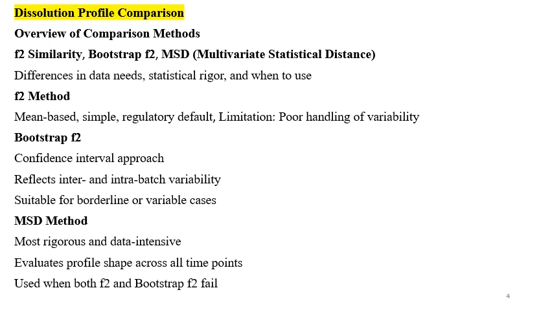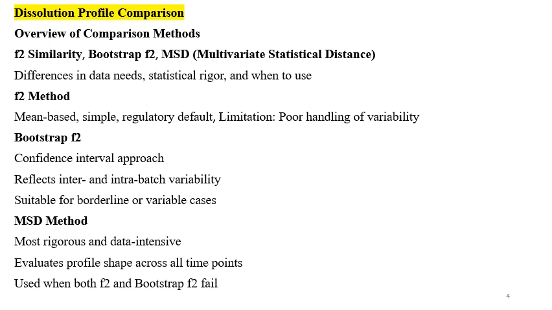So differences in data need statistical rigor, and we need to understand when it is required to be used. When these three methods are used, what are their advantages, limitations, and what justification is required. So the F2 method is an average-based or mean-based method for dissolution profile comparison.